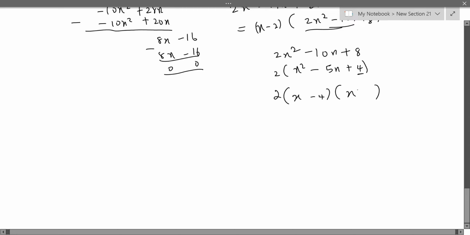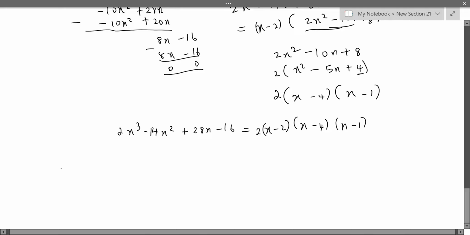That is minus 4 and minus 1. So those are the factors. So in all, the given expression 2x cubed minus 14x squared plus 28x minus 16 is now equal to x minus 2, times 2, times x minus 4, times x minus 1.